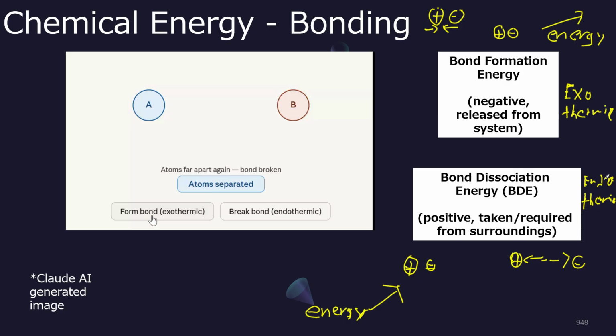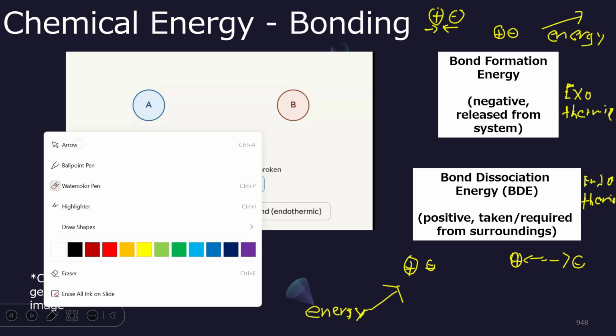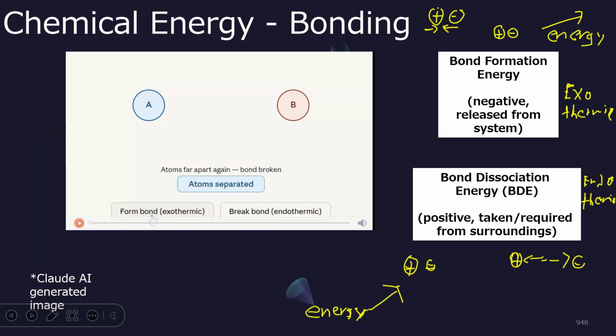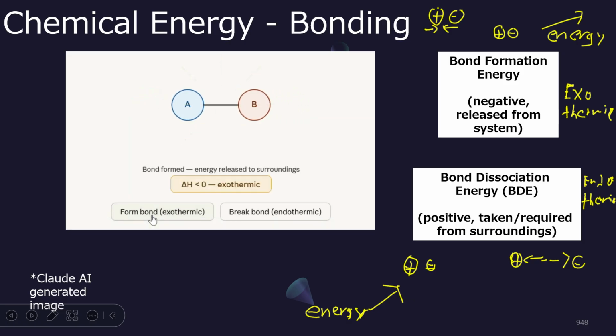So I have a little animation here I can probably show. So A and B are separated here. We'll allow them to come together. Boom, energy released. Now they're in a very kind of negative potential energy state.